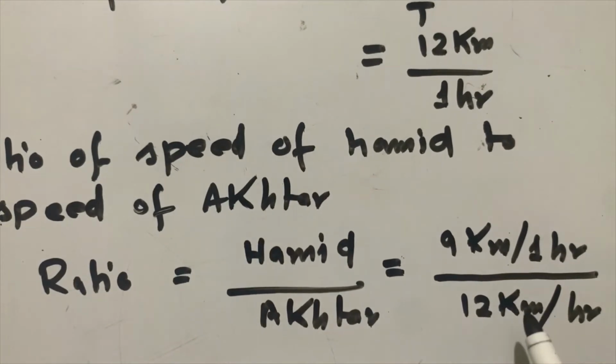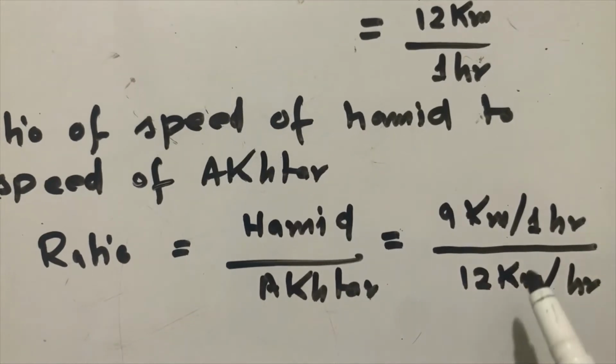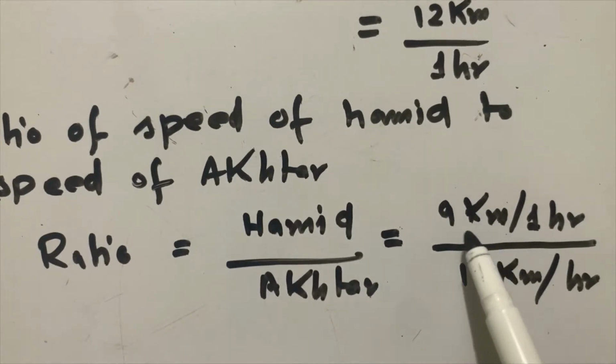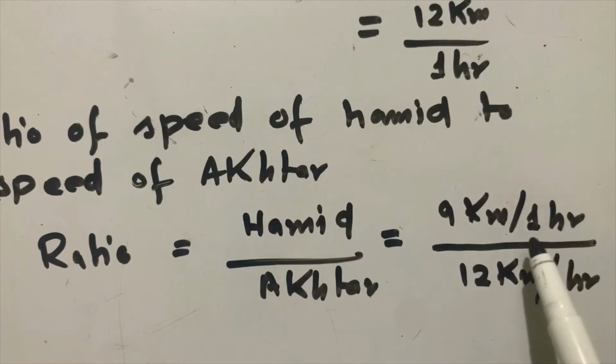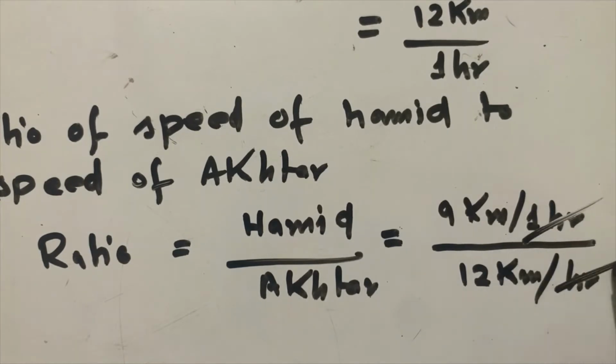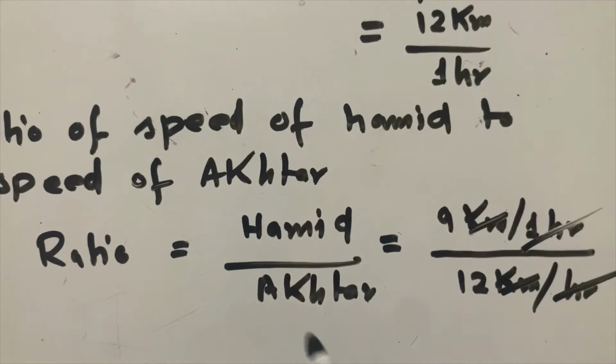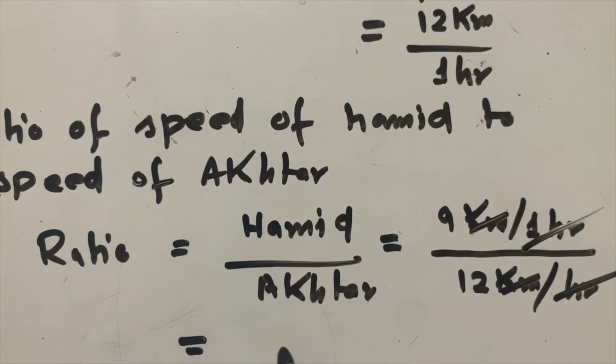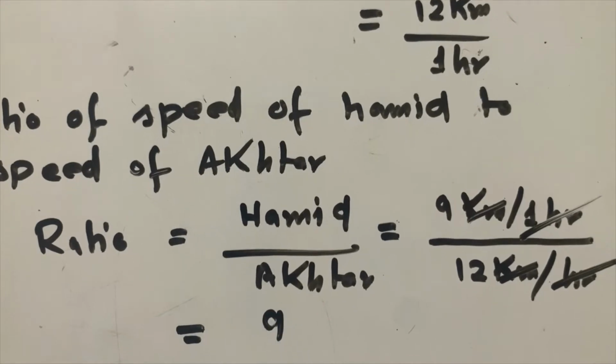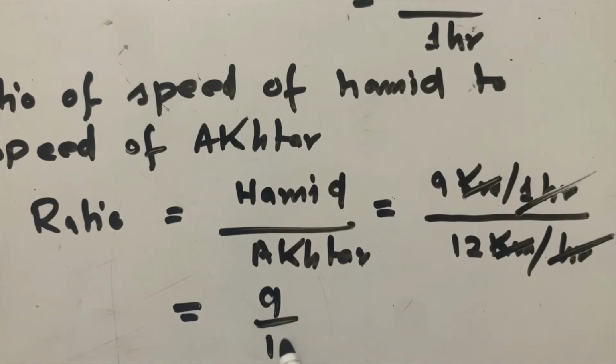Now we see here, now it can be solved. Same units are given, 9 kilometer, 12 kilometer in 1 hour. So this 1 hour will be cancelled, and this kilometer cancelled. We got 9 is to 12.